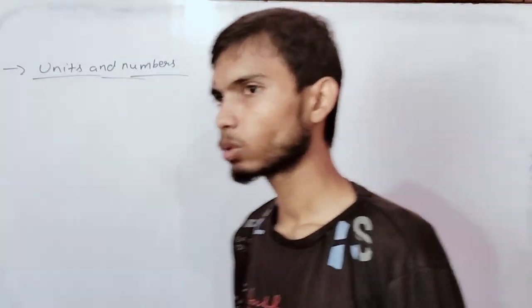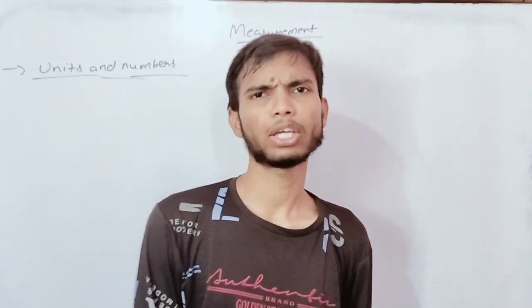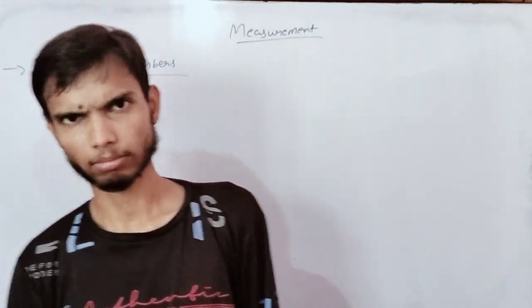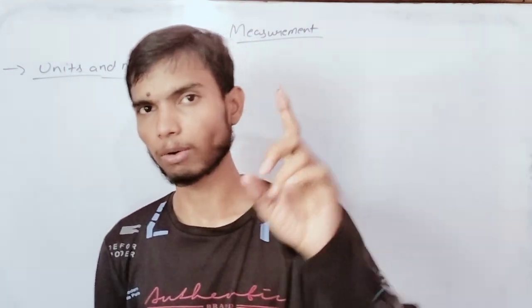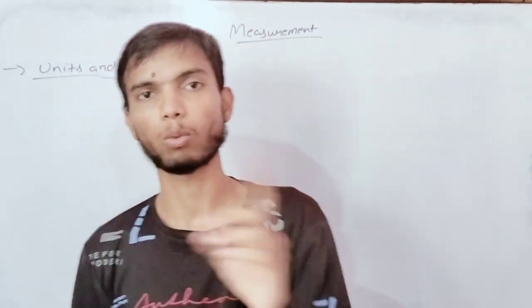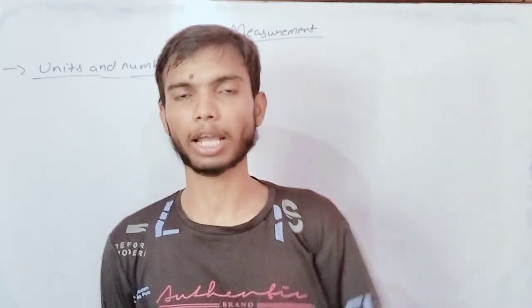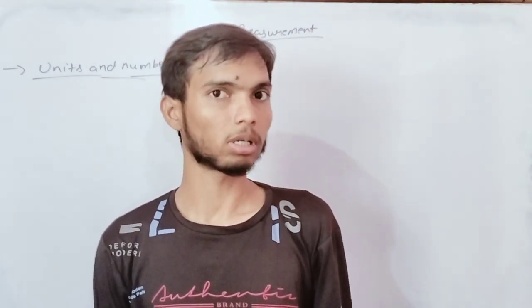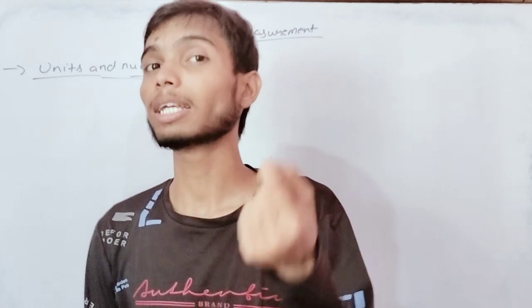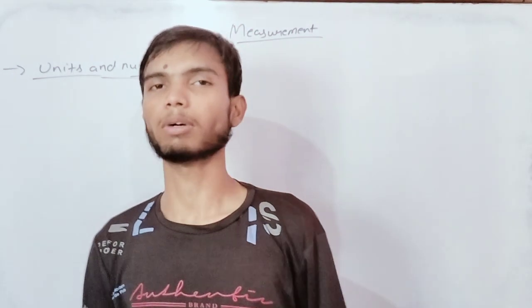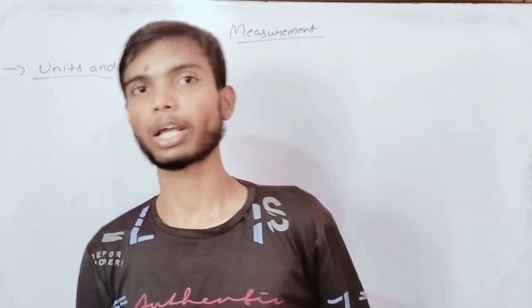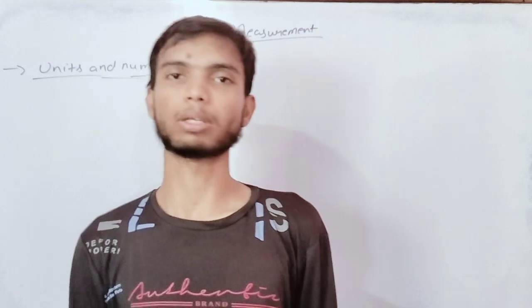My point is what? Anything you are measuring, you will get what? One number with a unit. The number can be large, the number can be small. But you will get a unit with that number, and the unit will tell you what is being measured.